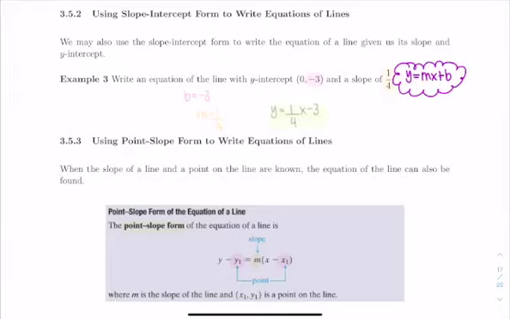So if we have a y-intercept of (0, -3) and a slope of 1/4, how would we write this? Well, the part we care about in the y-intercept is the -3 portion, and so that's going to become our b.